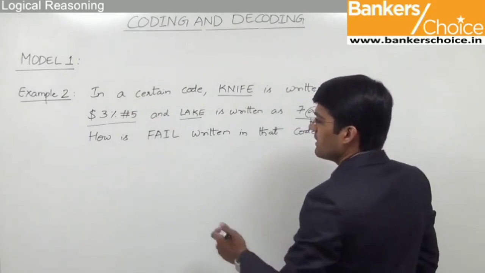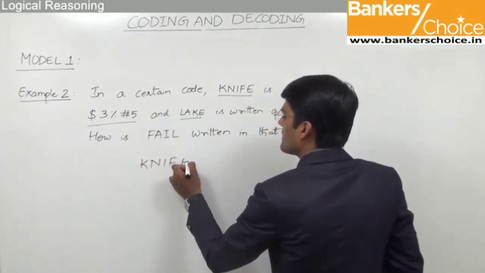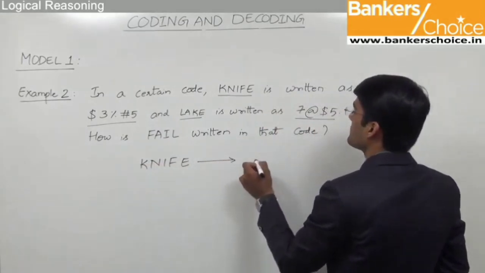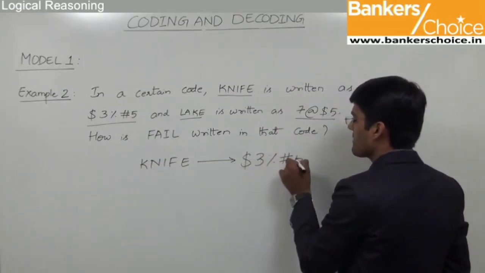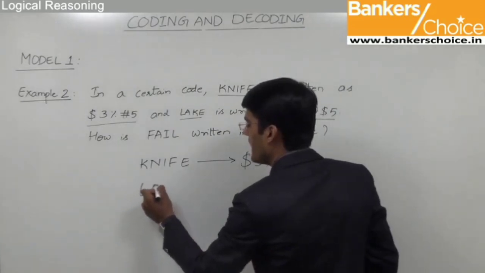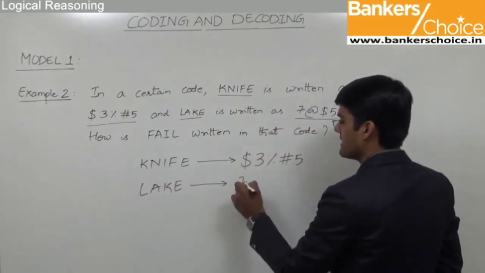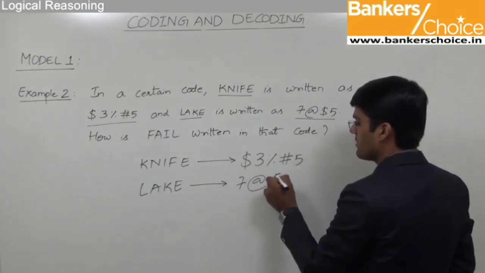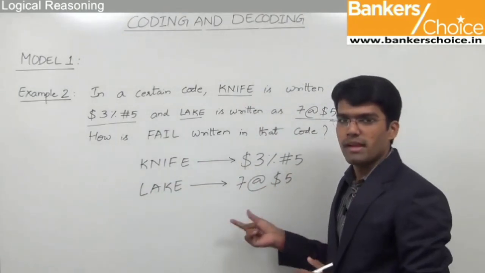Now, the word knife is taken as $3%#5 and the word lake is coded as 7@$5. Now here there is no logic behind the coded form.